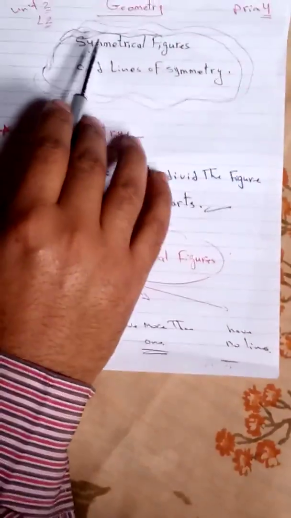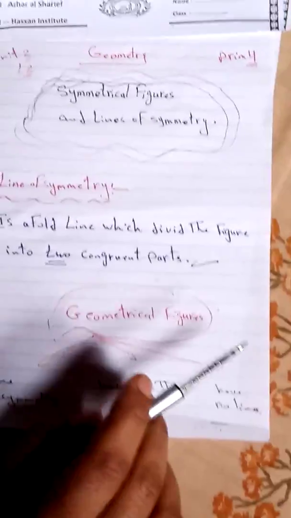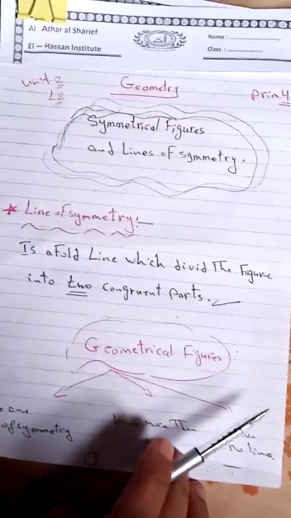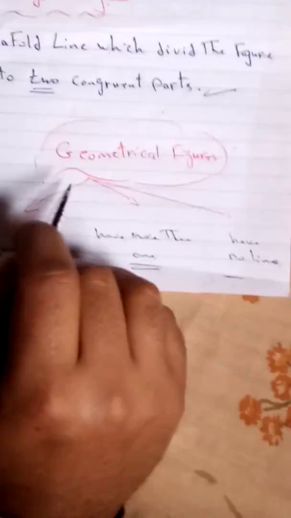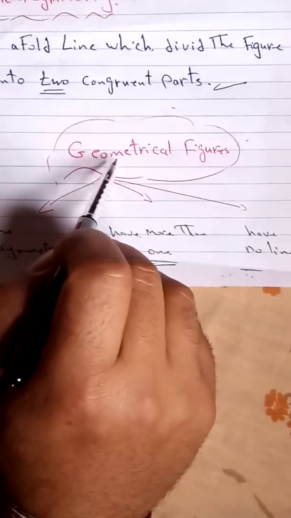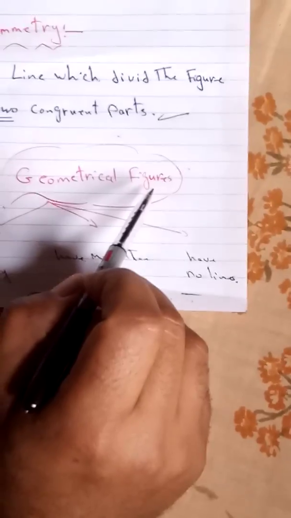What about symmetrical figures or geometrical figures? As we saw before, in a rectangle we have two lines of symmetry. This is one and this is the second one. So, is the question: do all geometrical figures have two lines of symmetry?